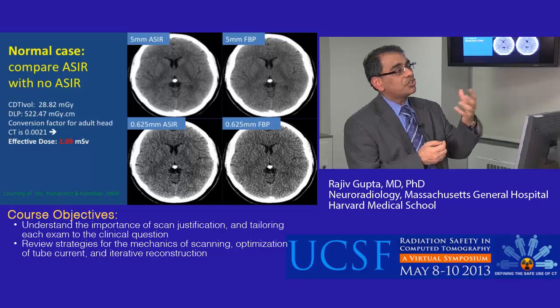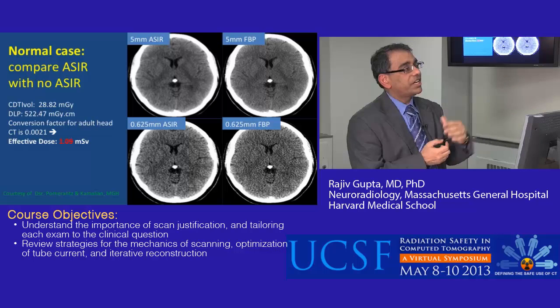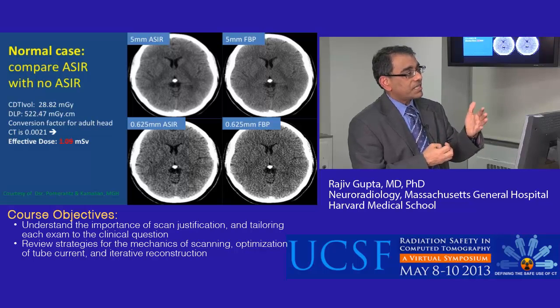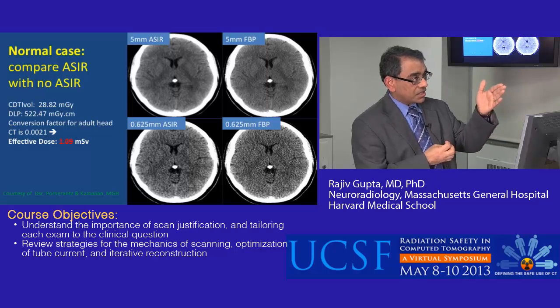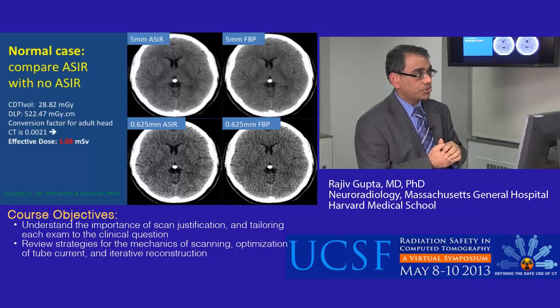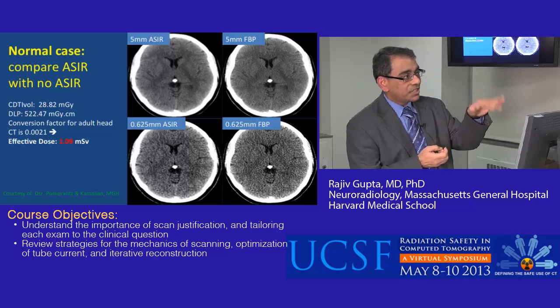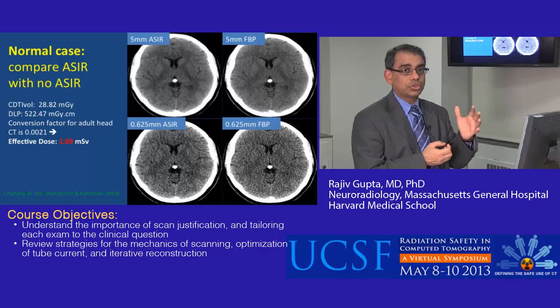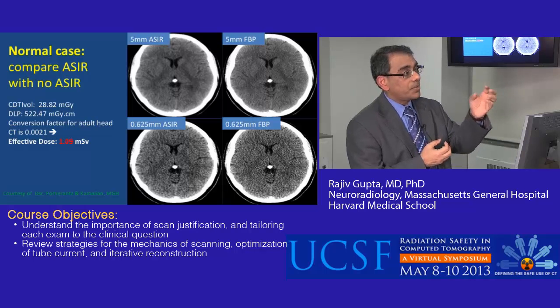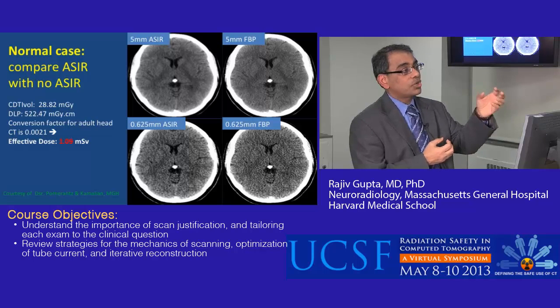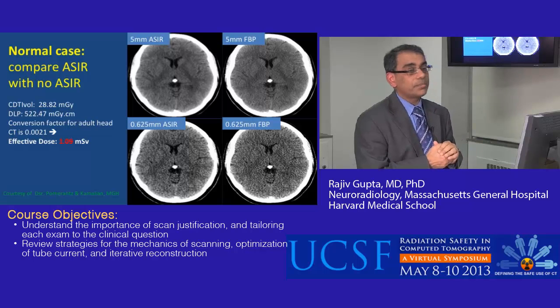The algorithm is able to decrease noise to the extent that even at the thinnest slices available, 0.625 millimeters, where the filtered back projection is not able to show you the gray white differentiation, we are beginning to see actual gray white differentiation once the ASIR algorithm is employed.